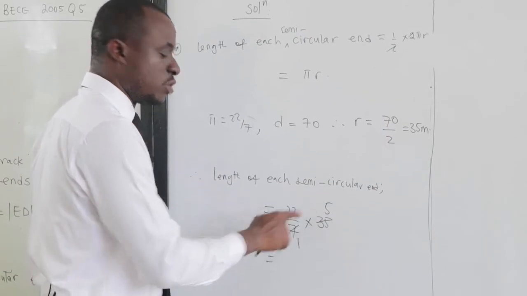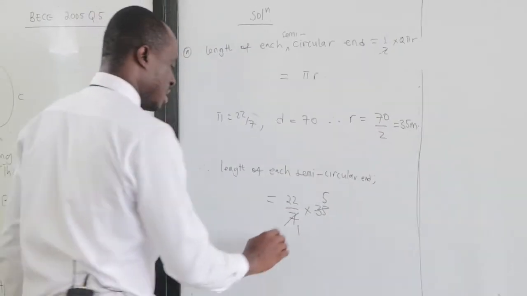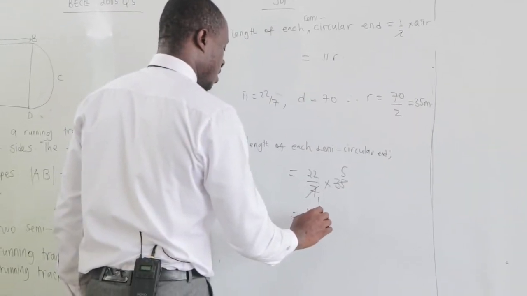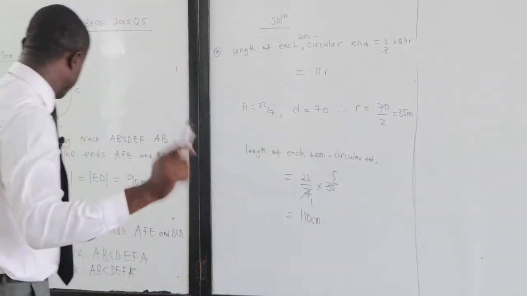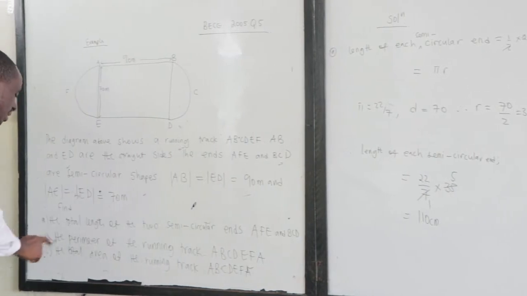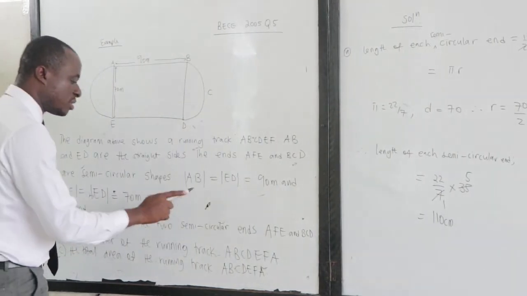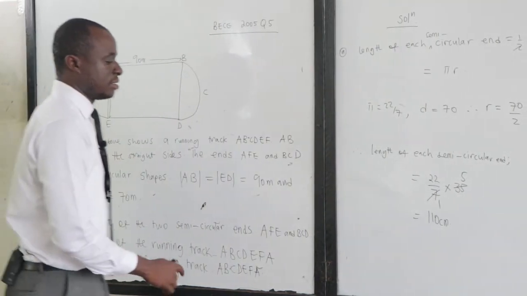So you have 22 times 5, and this is 110 meters. Now, the question is saying that we should find the total length of the two semicircular ends.